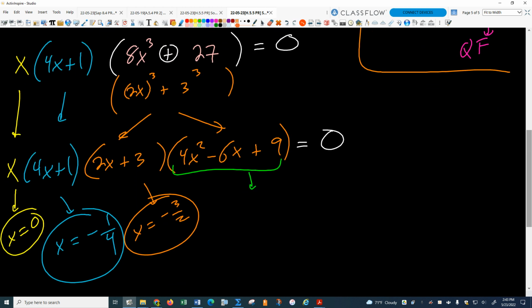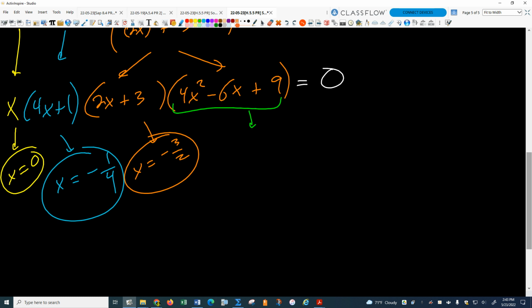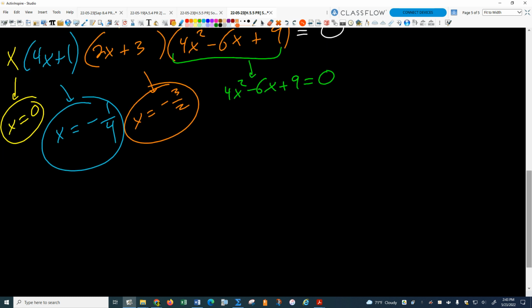All right, so let's do that. If I set that equal to 0 and apply the quadratic formula, what's it going to give us? x equals, what goes on top of my bar? 6 plus or minus, right? Square root of minus 4 times 9.